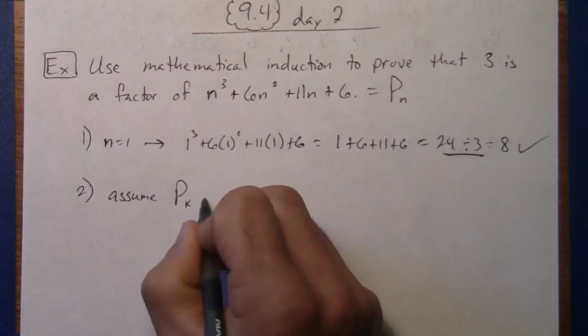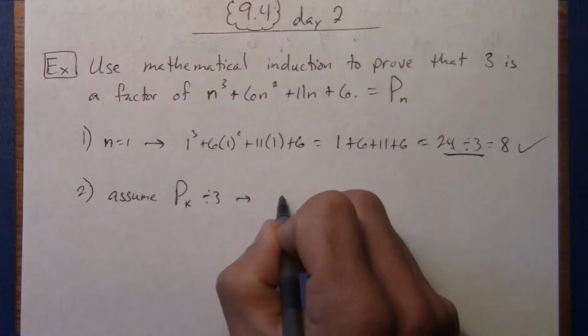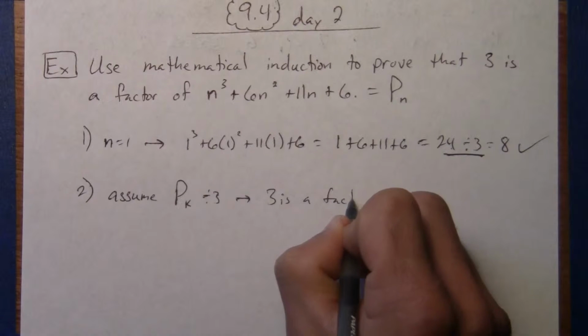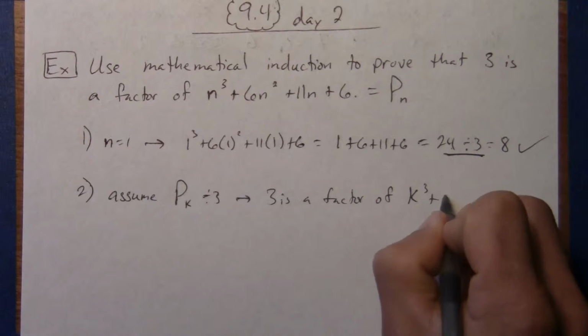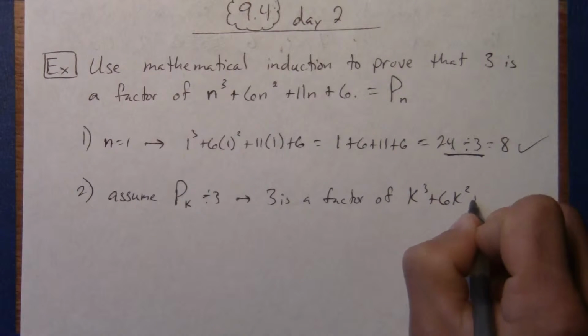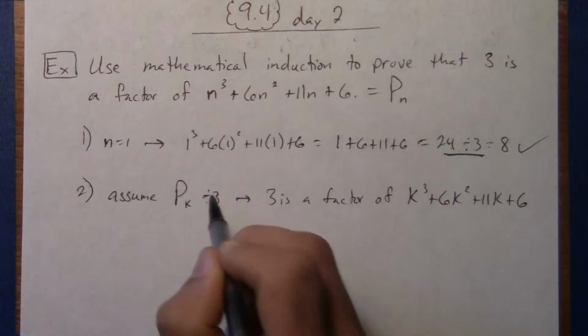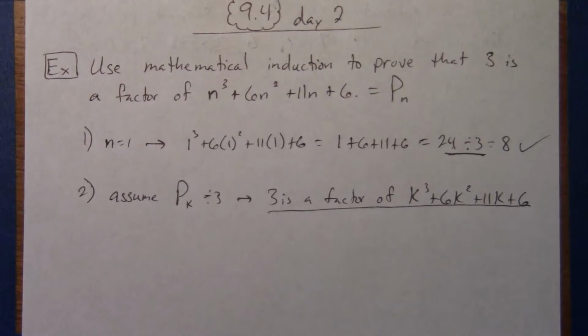In other words, 3 is a factor of it. So that means that 3 is a factor of k to the third plus 6k squared plus 11k plus 6. So there's the assuming part. We're saying that 3 is a factor of, and then I just substitute k into that equation.